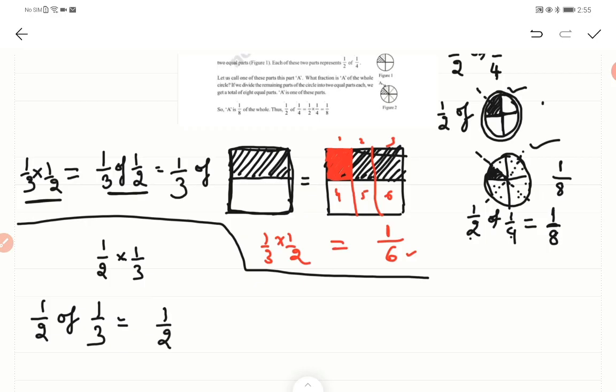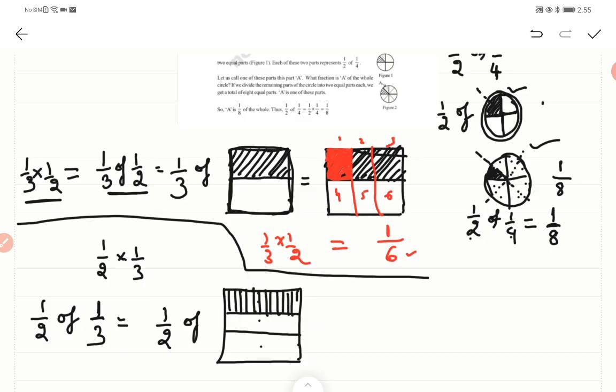I'm taking this square, this box. It is equally divided into 3 parts, 1, 2, 3. Out of these 3 parts, we want only one shaded region, isn't it? So I will shade this particular region. Now this is 1 by 2 of this block.